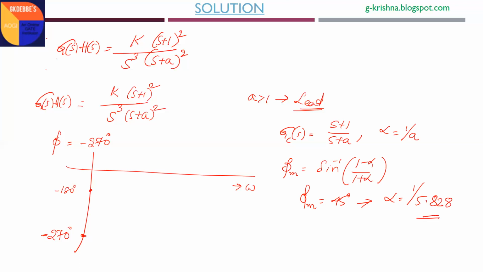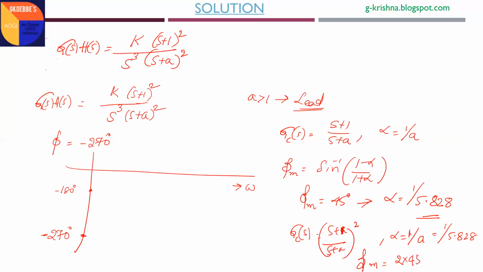5.828. When you select this alpha value, one lead system can provide a maximum phase shift of 45 degrees. For two same lead systems, (s plus 1) by (s plus a) whole square, where alpha is still 1 by a, if you select alpha as 1 by 5.828, then the maximum phase shift provided by these two lead systems will be 2 into 45, which is 90 degrees.